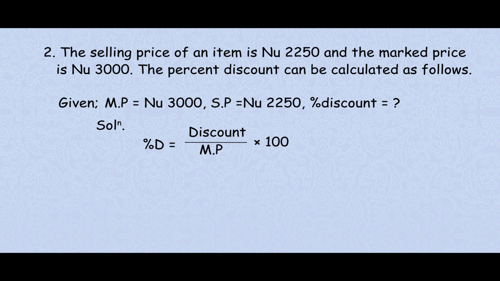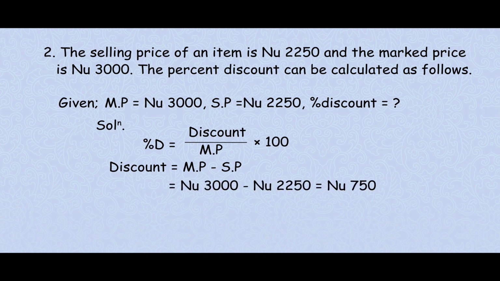Then, according to this formula, we are to find a percent discount, but we don't know the discount. So we have to find the discount. To find the discount, we have a formula: discount is equal to marked price minus selling price. So we get the discount easily. 3000 minus 2250 is equal to Nu 750.